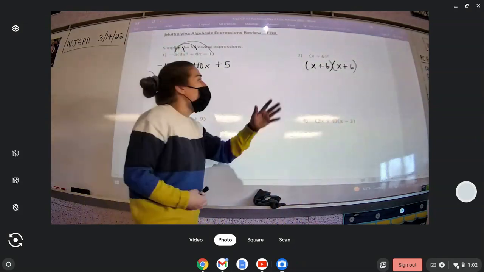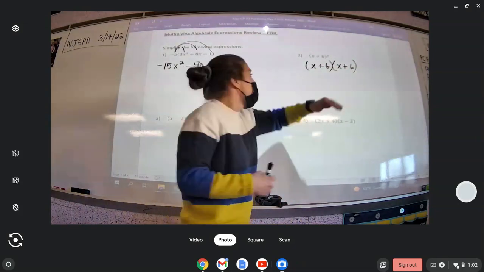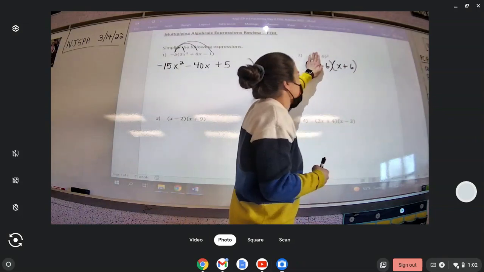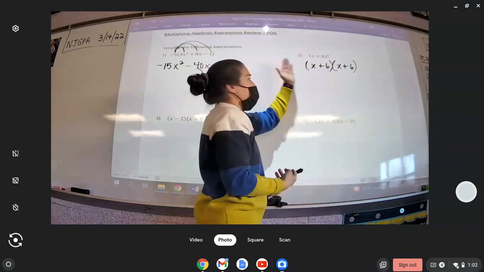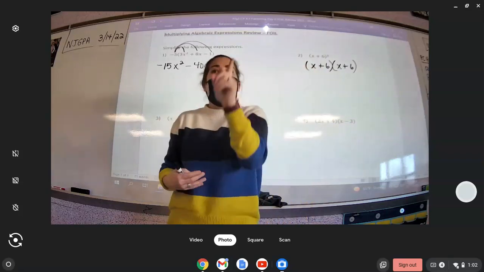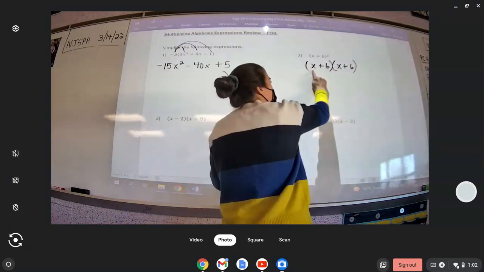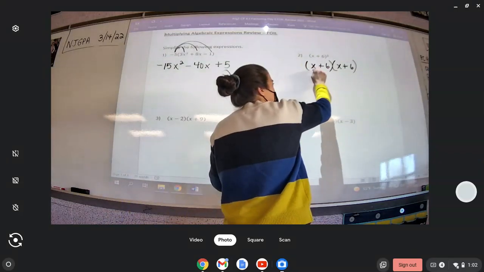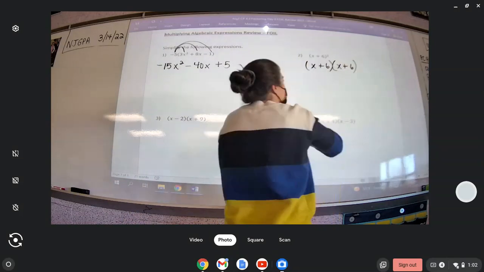I'm going to distribute. The only way I can multiply all this together over all of this addition is to distribute. Guys, think about it. If it was just a 6 on the outside, we would distribute the 6 in. Unfortunately, it's not just the 6. You have an x and a 6. One at a time, you're going to distribute them to the next parenthesis. So start with the first term in the first parenthesis and distribute him to everything in the second parenthesis.